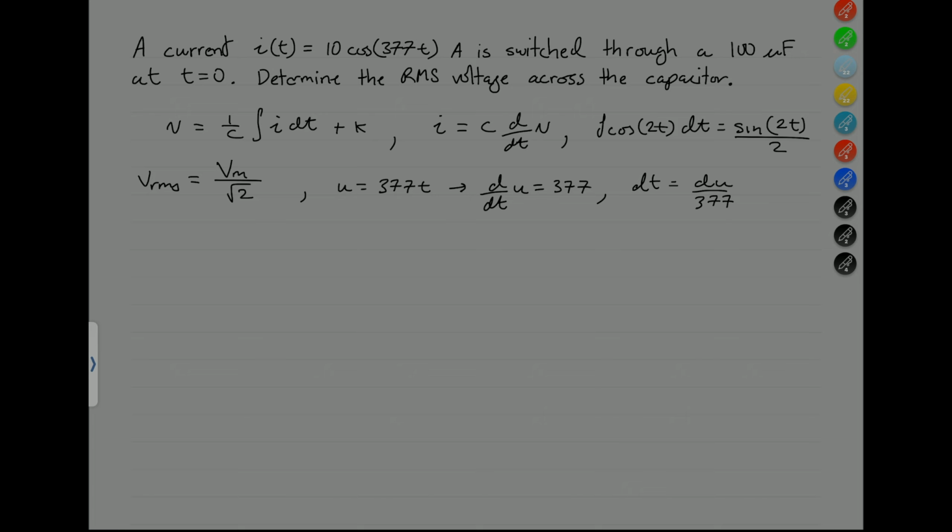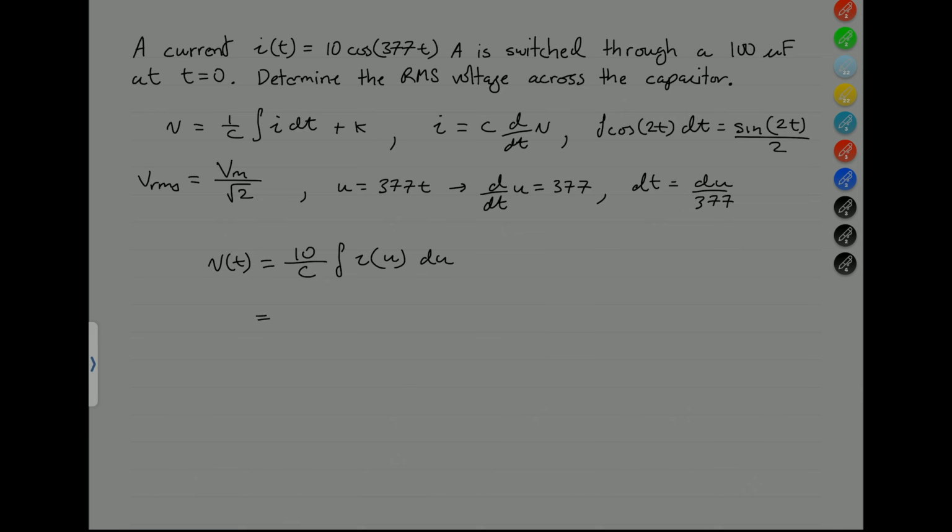So if we write that out, to get our voltage, we have to integrate our current and multiply that by 1 over the given capacitance, so that would be 1 over C. So that would be 10 over C, and in our current, let's put that 377t, which this time is u and then du.